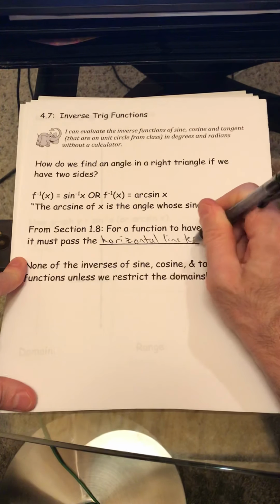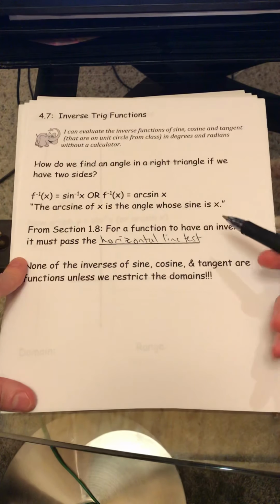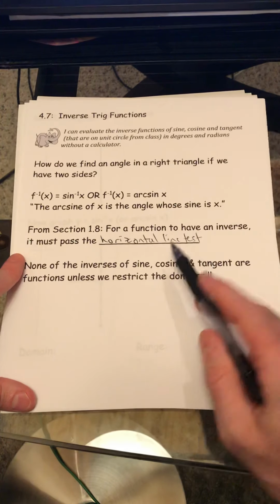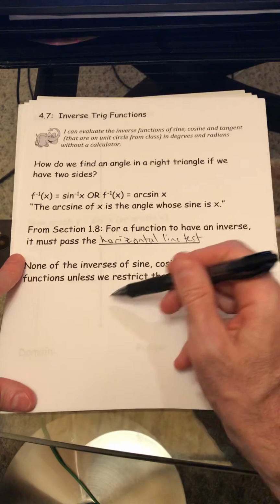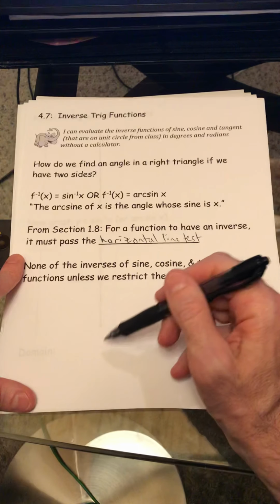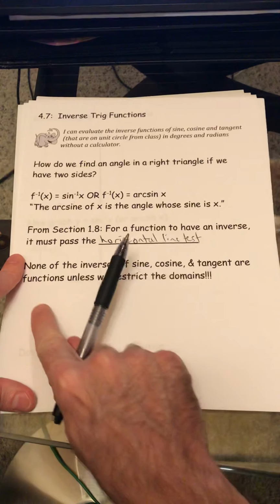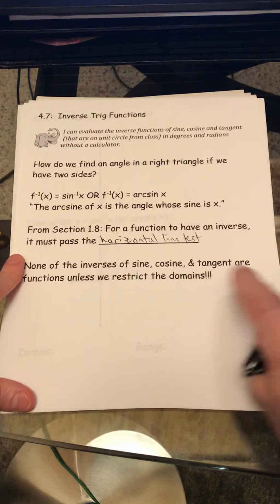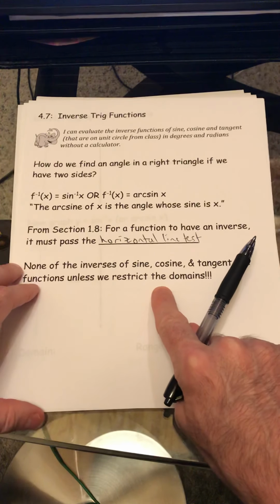To be a function, it has to pass the vertical line test. To have an inverse, though, it has to pass the horizontal line test. Well, if you think about our sine waves or our cosine waves or tangent, none of those would pass a horizontal line test. So we have to restrict the domains.